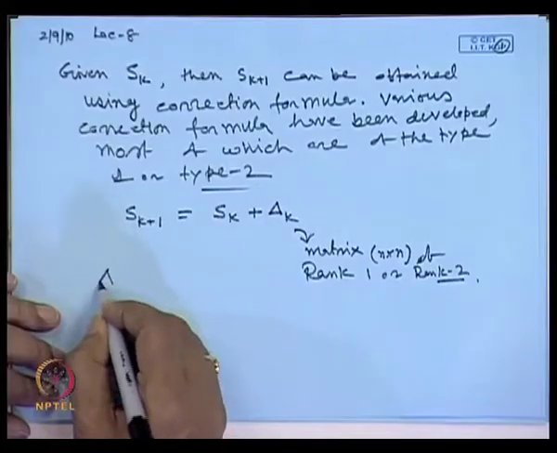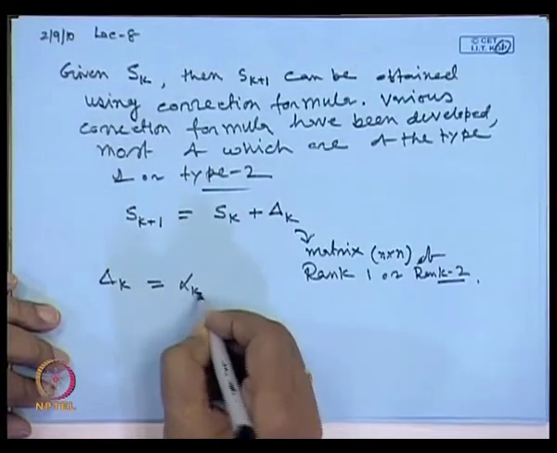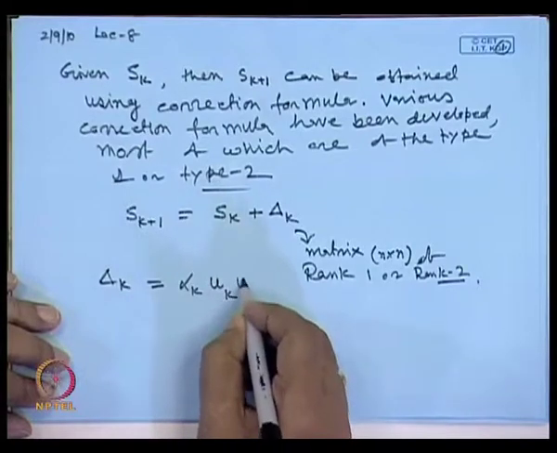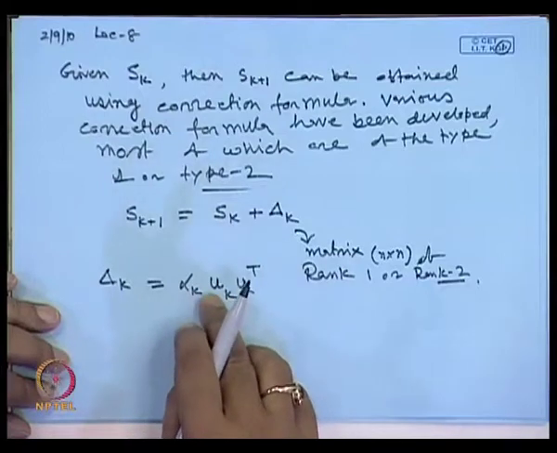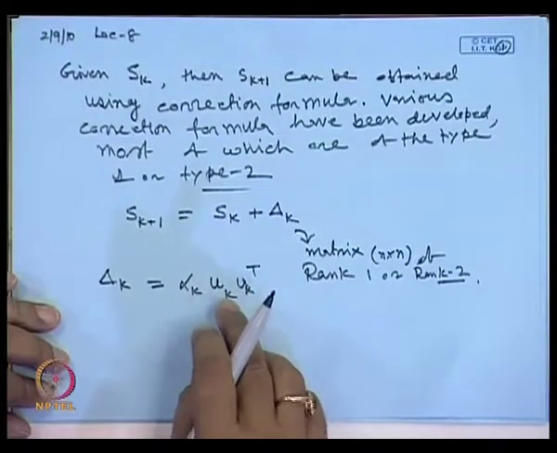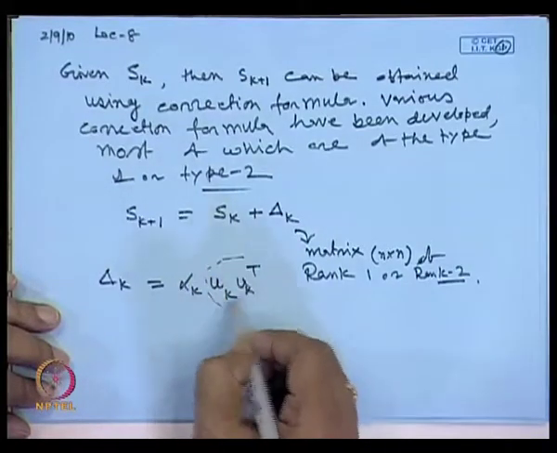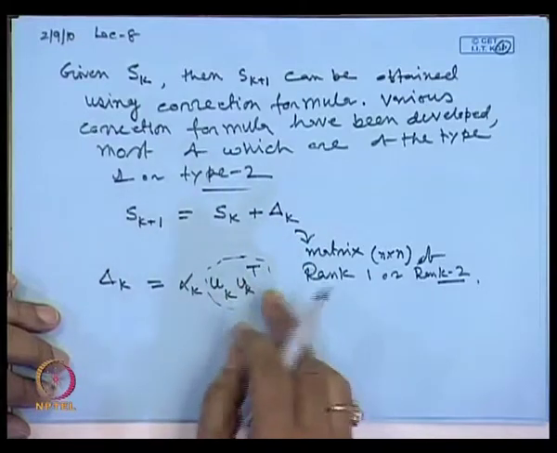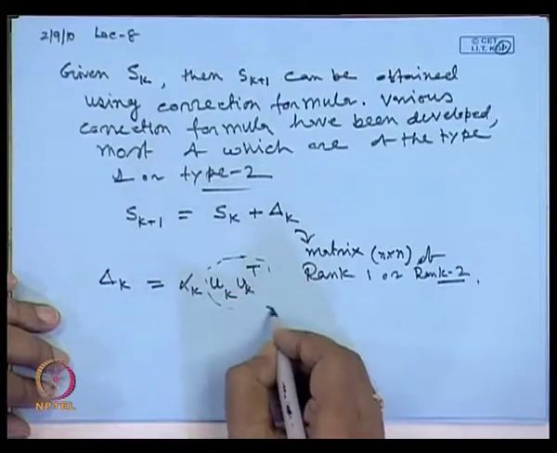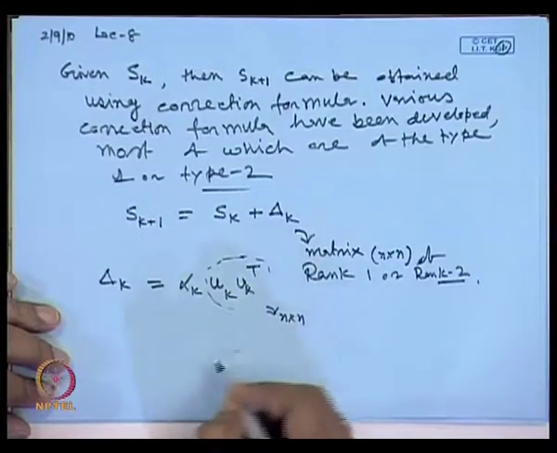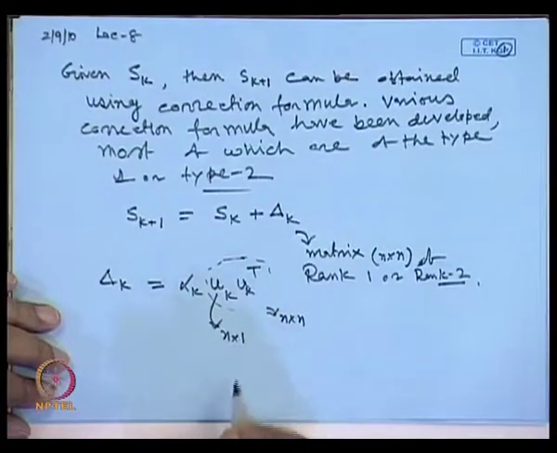So, I can define a special choice of delta k this way: alpha k u k and u k transpose. This is the vector u k at the kth iteration, any vector you have considered, multiplied by u k transpose. This outer product of the vector u k with itself is a matrix of dimension n cross n, where u k has n rows and 1 column.